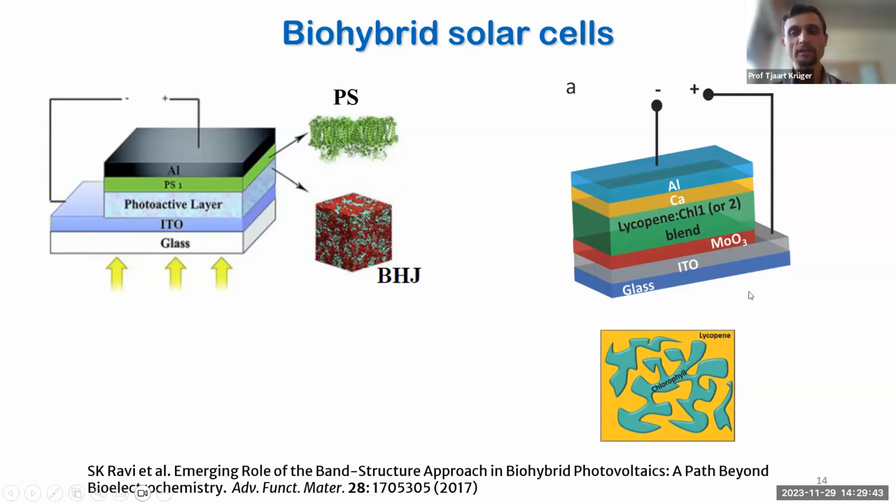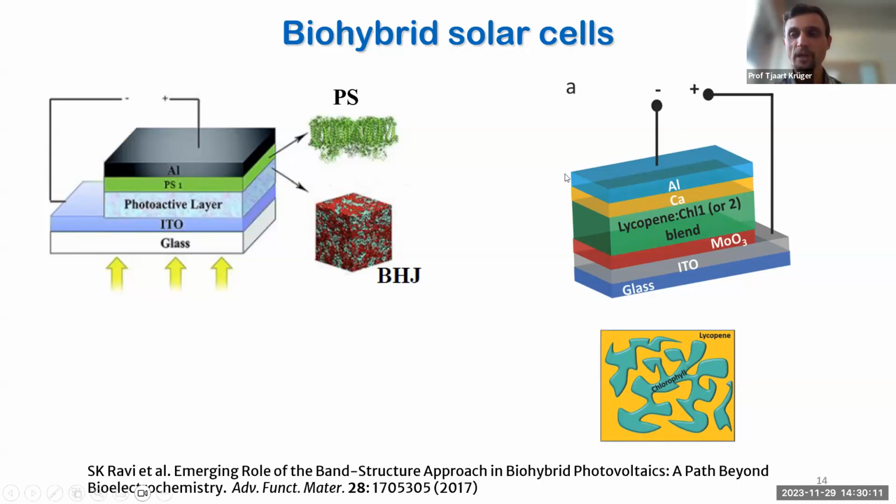Okay, so many different designs with varying performances and so on. So it's a very interesting field to work in from the point of view of material science. Okay, so if we look at these biohybrid solar cells, they are still, I would say, in their infancy. A lot of different designs are being explored because they are still relatively inefficient compared to conventional solar cells.